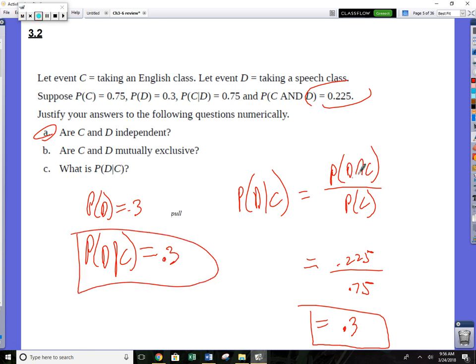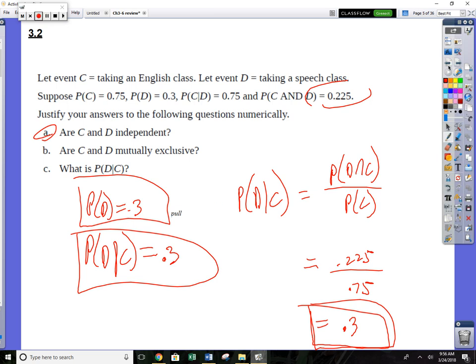But we just proved it using this formula, and we get 30%. So I guess we didn't need to do the work. If they're independent, D happening given C happens is the exact same as D happening all by itself. That's the beauty of independence. They do not influence each other at all.